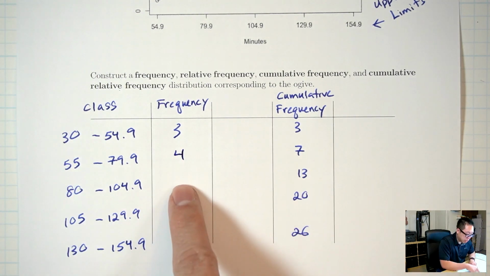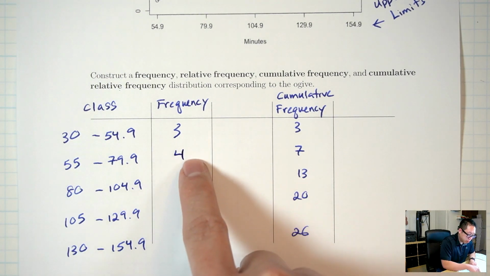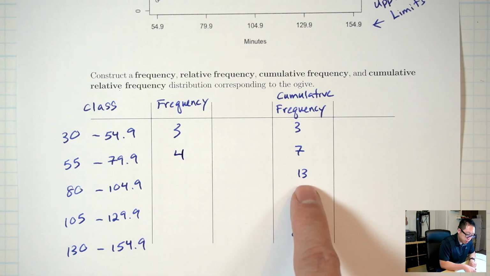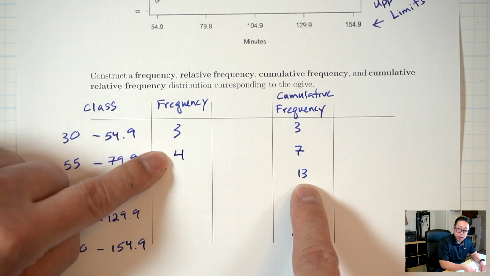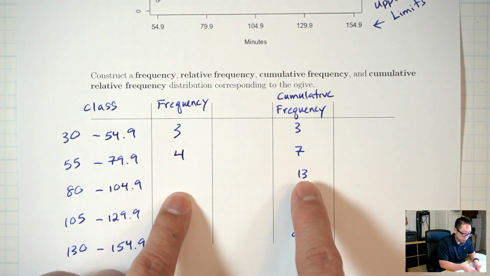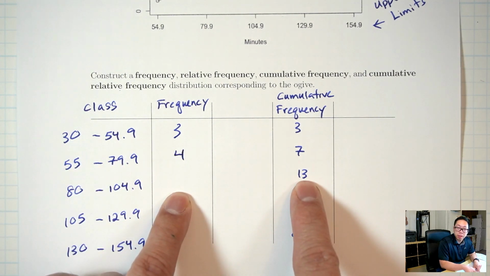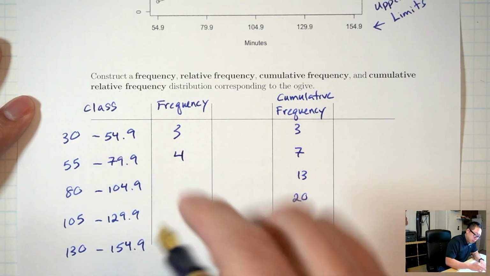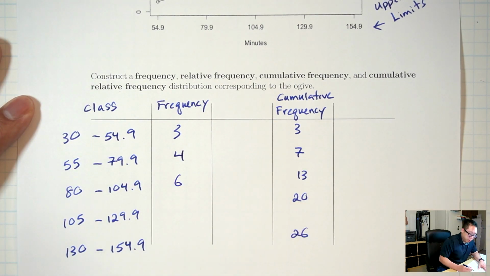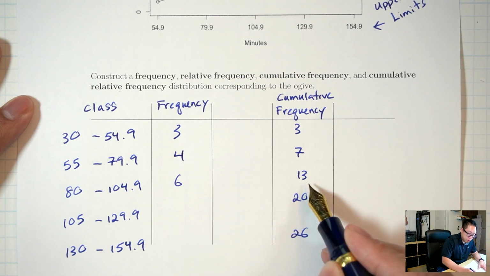Okay. The next blank, 3 plus 4 plus blank is 13. So 3 plus 4 is 7, right? 7 plus what is going to give me 13? 6, right? 6 is going to work. So 3 plus 4 plus 6 gets me to 13.